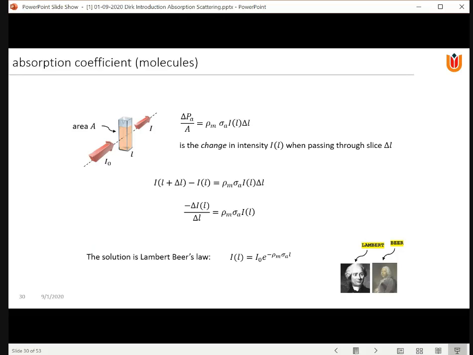This is Lambert-Beer's law. The intensity of the light as it passes through a cuvette of thickness L is expressed as the input intensity on one side, I0, times an exponential of minus the density times the absorption cross-section of one molecule times the length L of the cuvette.